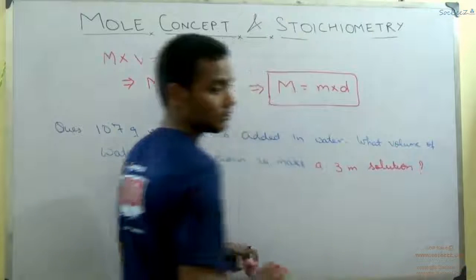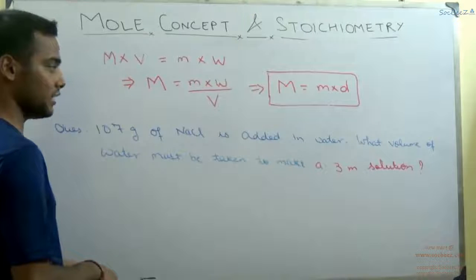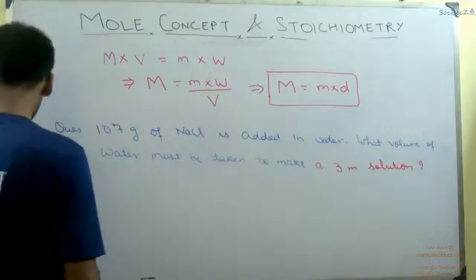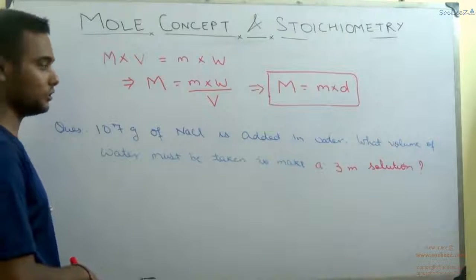Okay. The question is that 107 grams of NaCl is added in water. What volume of water must be taken to make a 3 molar solution?